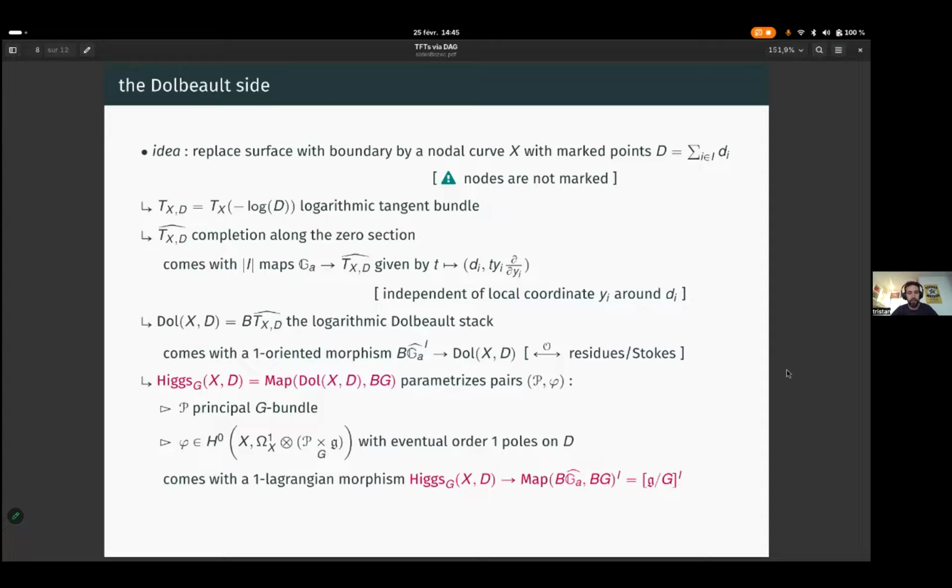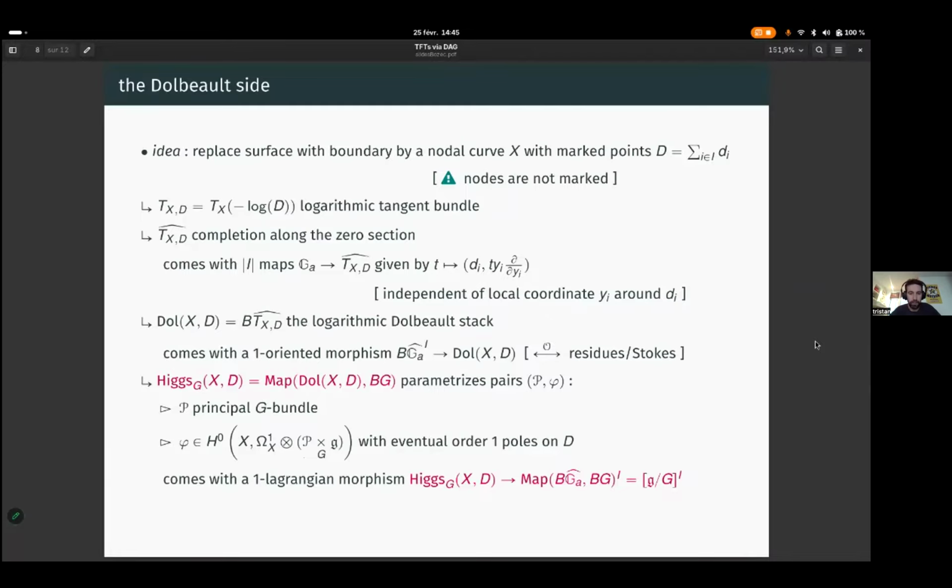Taking the mapping space to BG, we get something people in representation theory are very familiar with, which is some Higgs moduli space of G-bundles, with eventual order 1 poles at marked points. So we have a principal G-bundle, and the Higgs field has values in one-forms twisted by the adjoint bundle here.